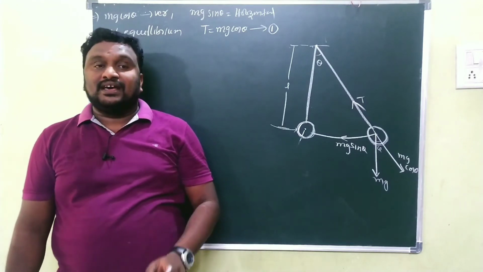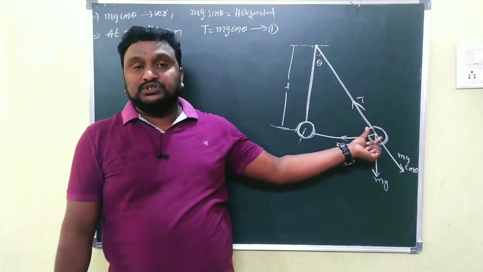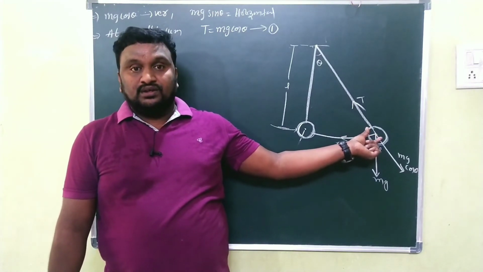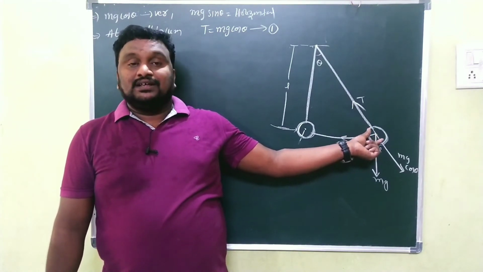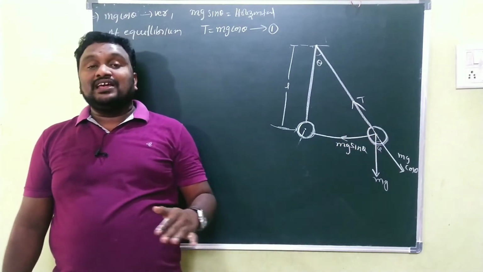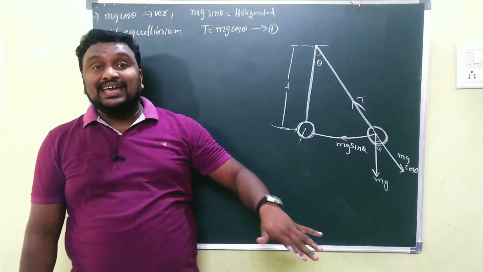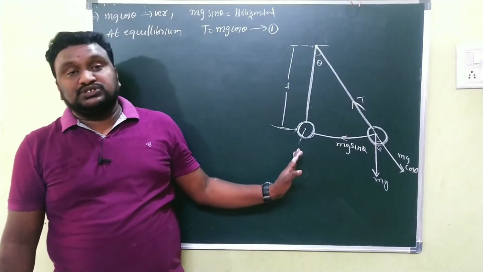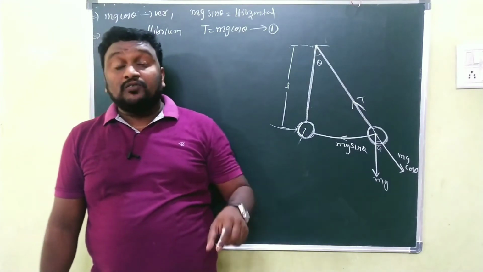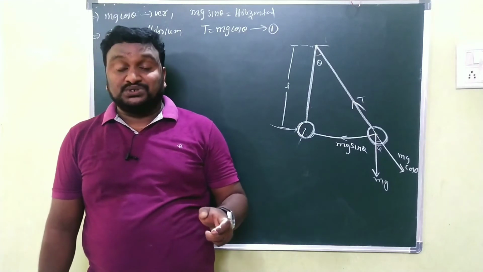In the same manner, due to the applied force, the bob goes to the extreme position. Clear? After reaching the extreme position, automatically its velocity becomes 0. But again it comes to the mean position. That is because of the restoring force.